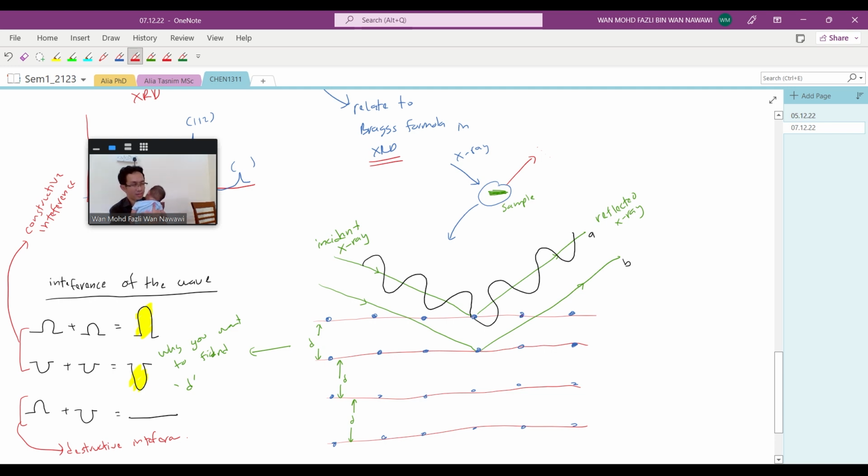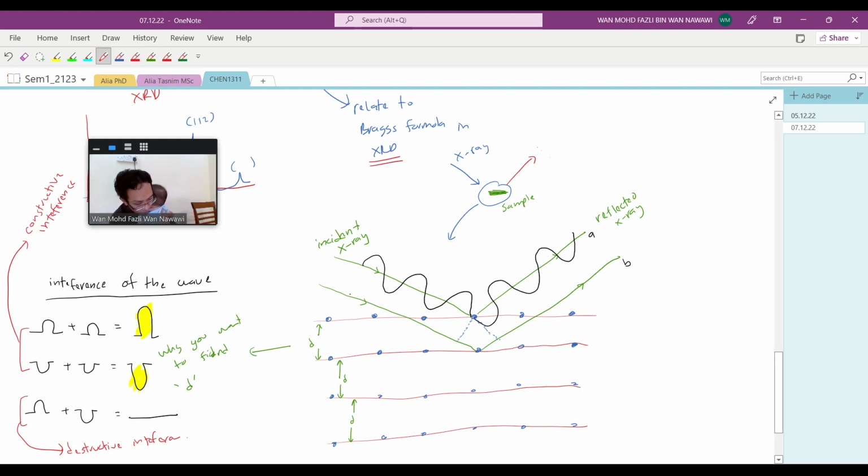In order to make constructive or destructive interference, we need to think also about the second wave here. But before that, let me put this so that it becomes parallel.